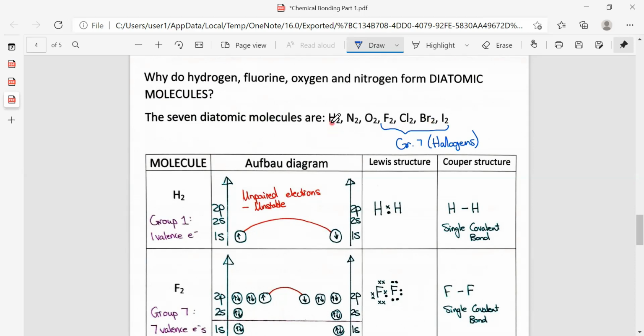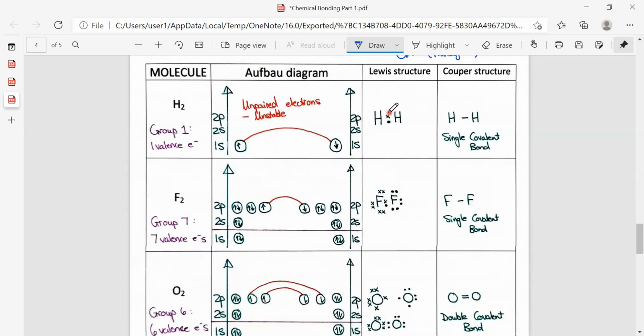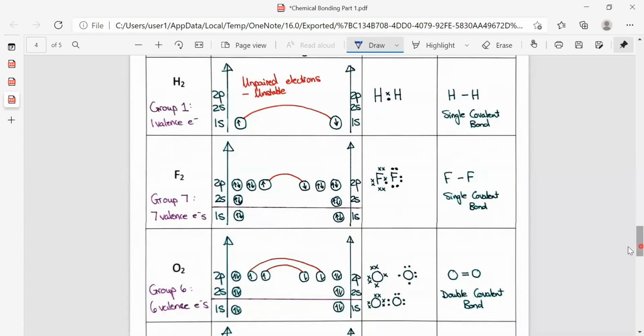So I've done a table with hydrogen, nitrogen, oxygen, and fluorine, not necessarily in that order. So here's our table: your molecule, the Aufbau diagrams for both of the 2 atoms, the Lewis structure, and the Cooper structure. So the first one, the simplest one we're going to look at, is hydrogen.